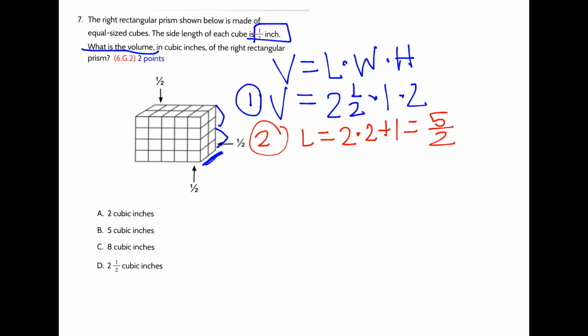Now we can go ahead and solve for our volume, and we can say that our length is 5/2, and our width is 1/1, and our height is 2/1. Now you can solve for your answer.